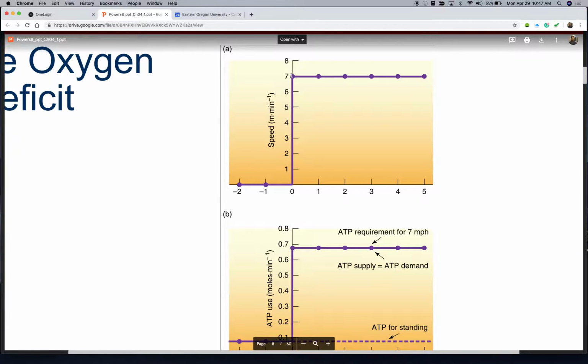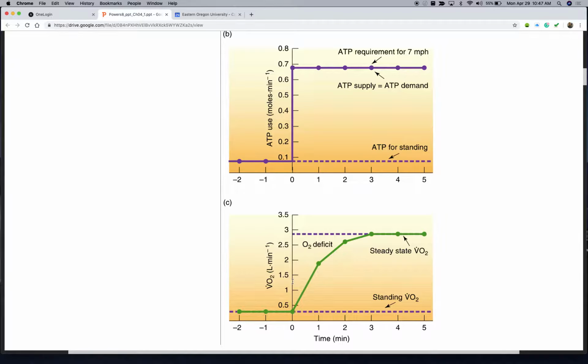It doesn't work like that, right? So all of the energy that was created to meet the work demand of going from 0 to 7 for the first 2 minutes of exercise, this difference, all of this space up here in this triangle, had to be met through anaerobic energy production. Does that make sense?